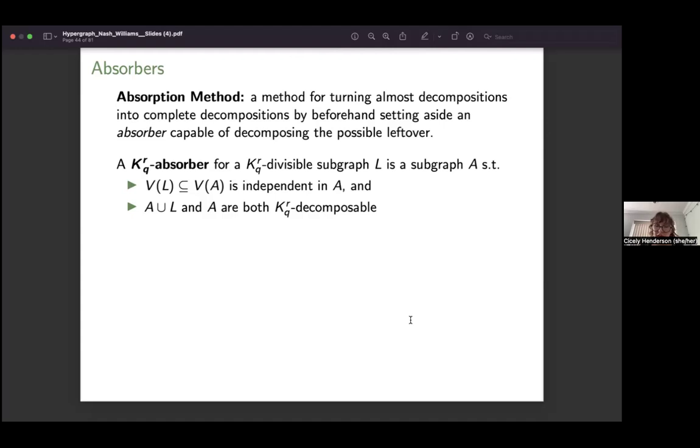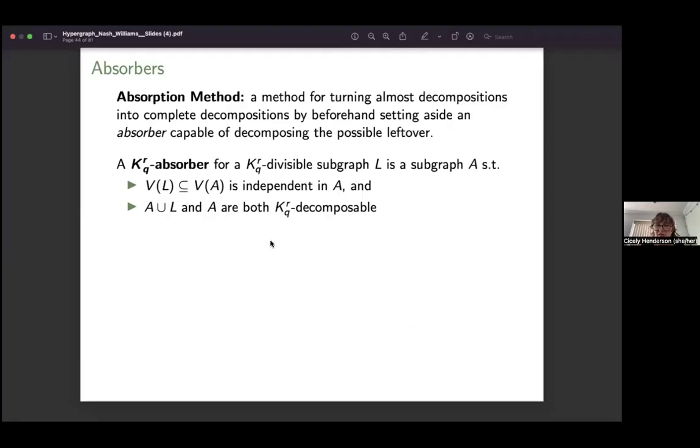More formally, a KQR absorber for a KQR divisible subgraph L is a subgraph A such that, first of all, the vertices of L are independent in A. And both A union L and A are KQR decomposable. So this is almost like a light switch, right?